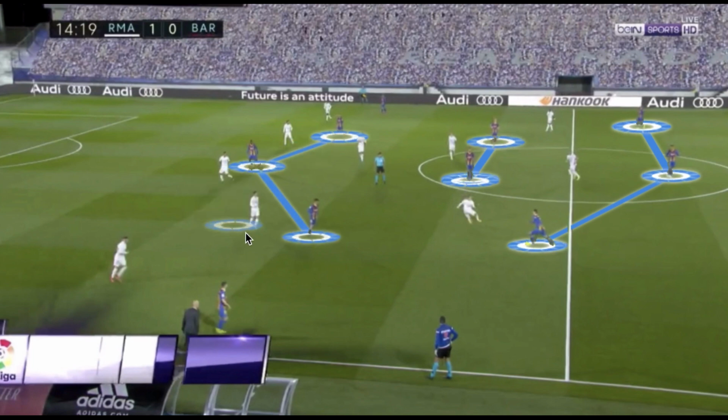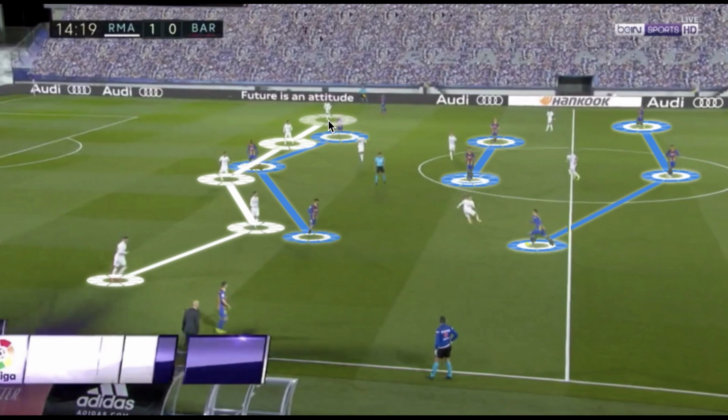And now we see the back 5 from Real Madrid with the vertical partnerships in mind between Modric and Vasquez, as was a key concept for Real Madrid throughout the match. So Valverde drops as the right wing back. Vasquez is now playing as a right central defender, jumping to Pedri between the lines, with the other 3 defenders maintaining the line with Valverde.